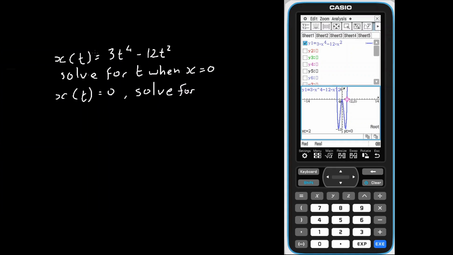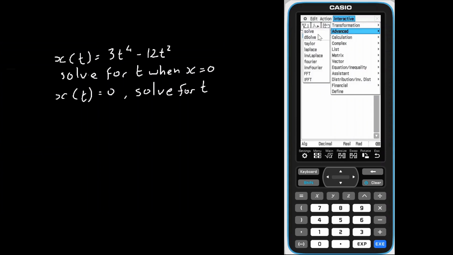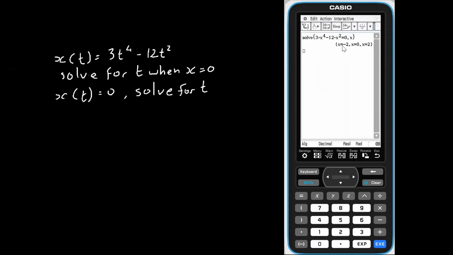Let's go into main because it's a little bit easier, and let's write out this equation once more. Let's say that's equal to 0, and I'll highlight the whole thing, interactive, advanced, solve, and I'm given a lot of possibilities. I know it's confusing, I put x in there because it's easier.